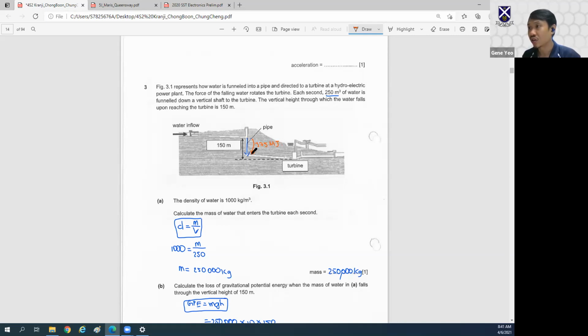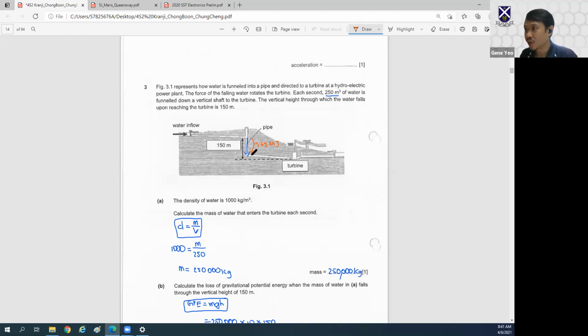All this energy loss from GPE is not going to disappear. It's not going to vanish. Instead, all the GPE that is lost, all this 375 million joules, is going to be converted to kinetic energy.